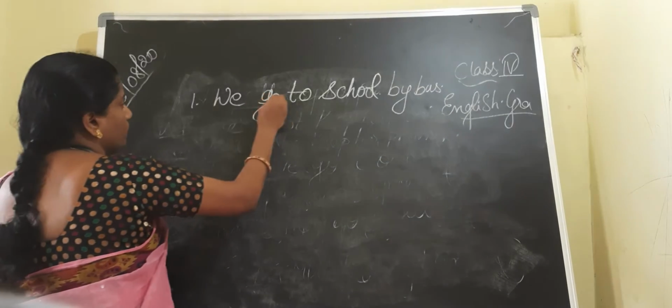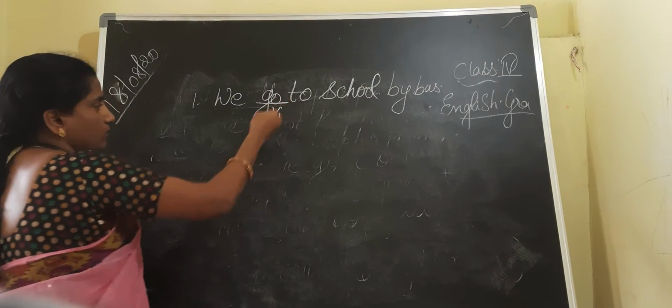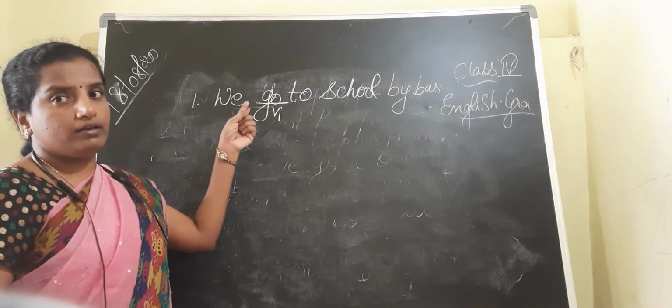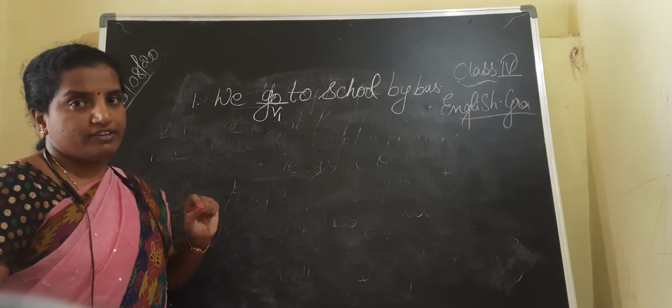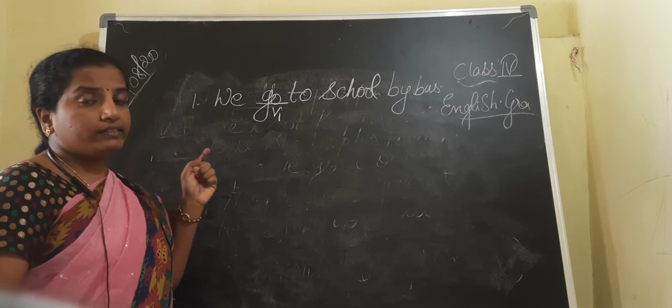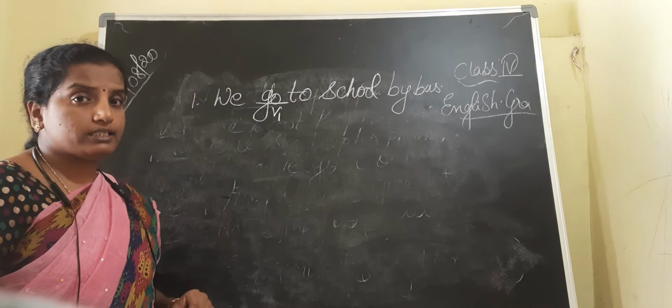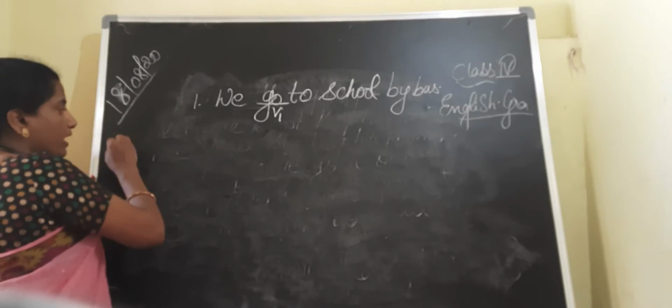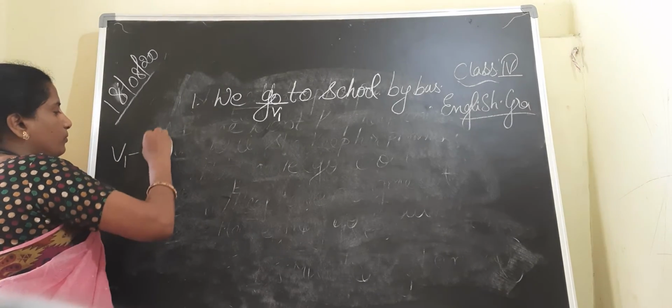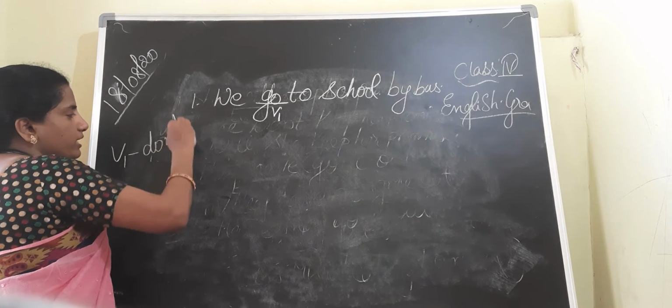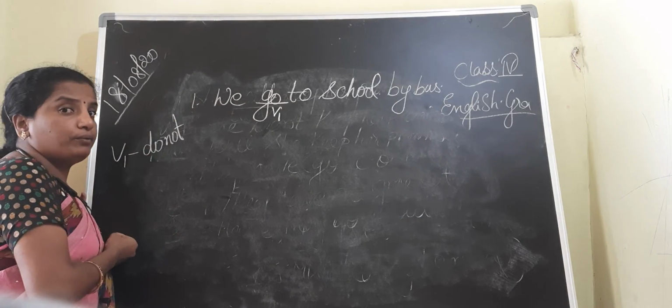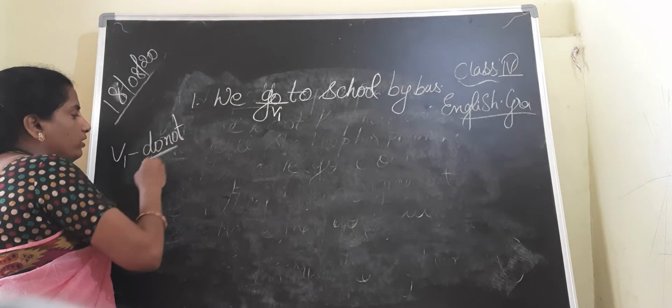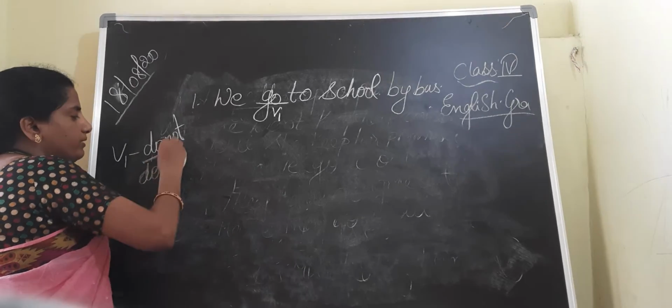Main verb, go, V1. It is the base form of the verb, the first form of the verb. When there is V1 in a sentence given to you, you have to add do not to write the negative form. You can add don't as a short form negative.